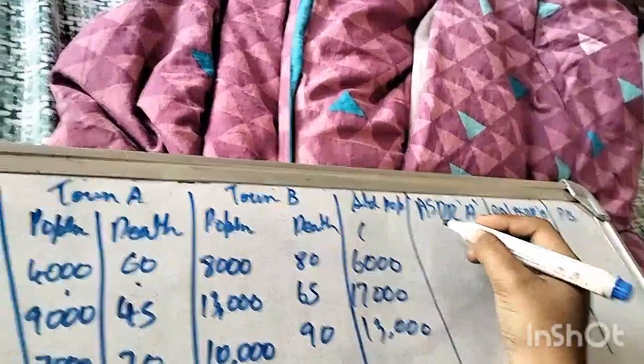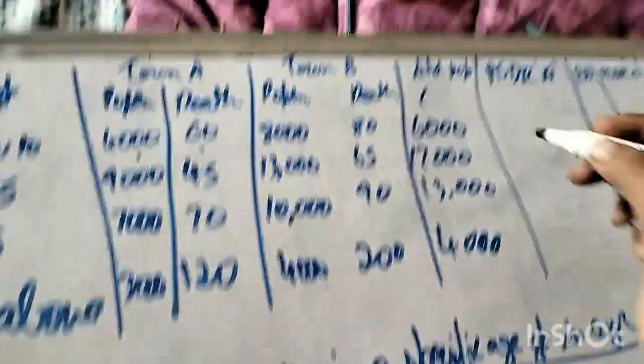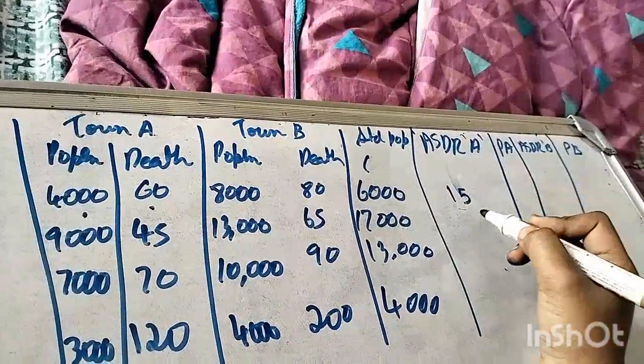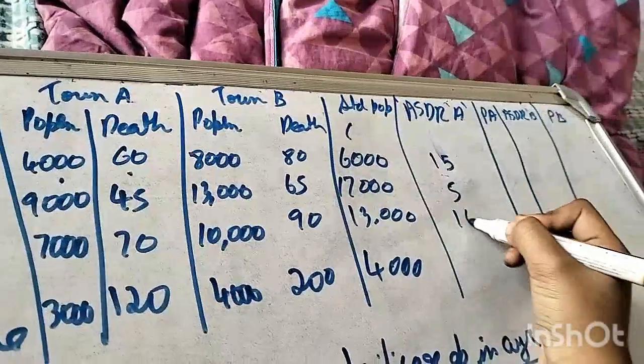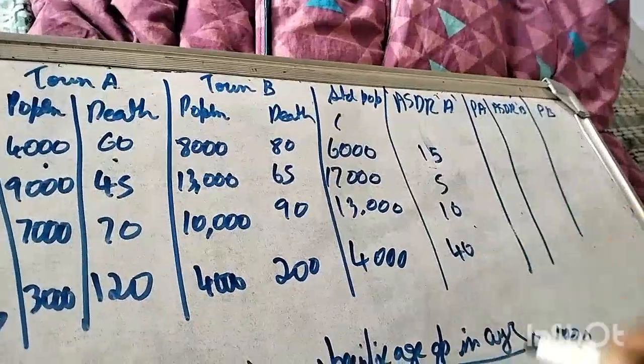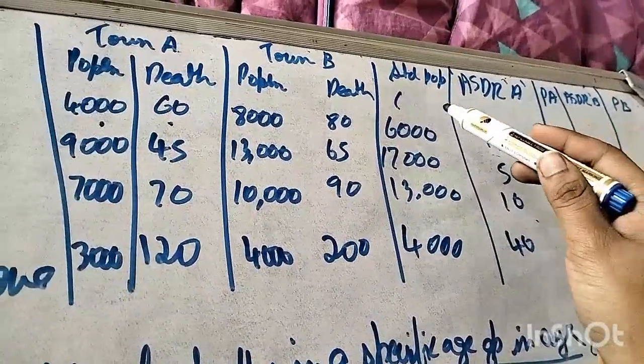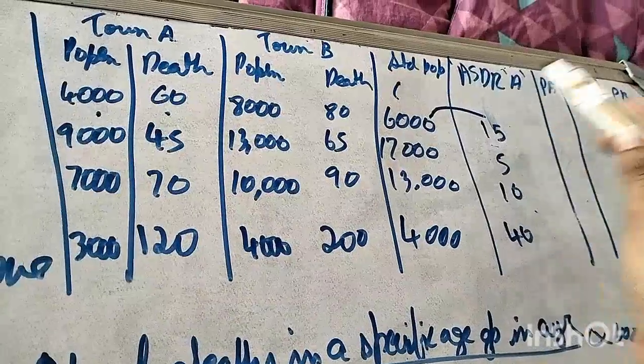ASDR of A, we just got 15, 5, 10, 40. So PA is nothing but you multiply the standard population along with ASDR of A.